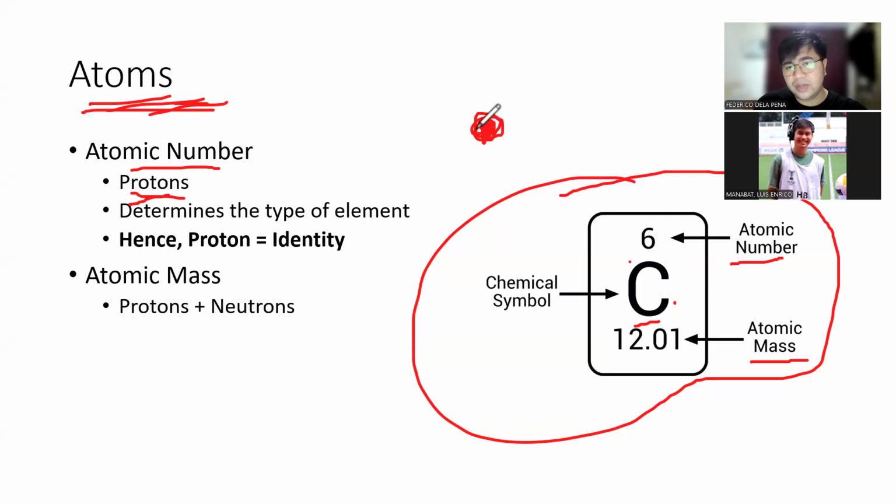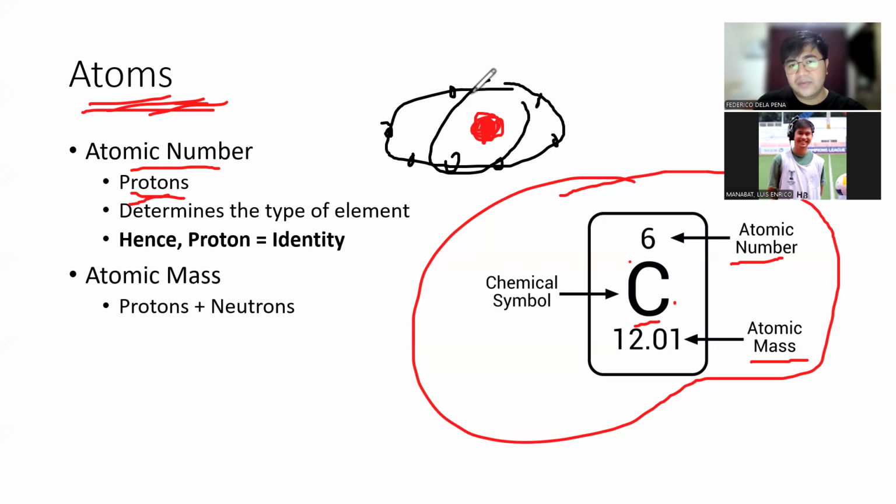You can imagine the nucleus as the sun, and you have electrons which are orbiting around the nucleus.